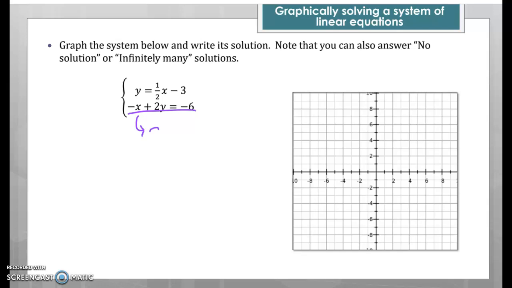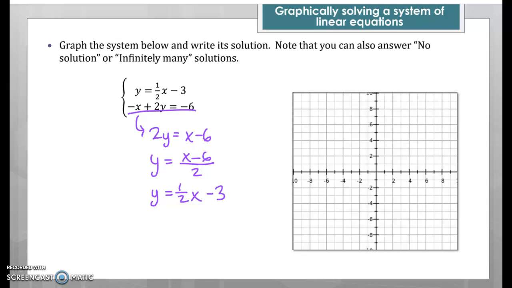I'm going to add x to both sides and get 2y equals x minus 6, and then I'm going to divide by 2 on both sides, and I'll get y equals (x minus 6) all divided by 2, which is 1/2 x minus 6 divided by 2, which is 3.